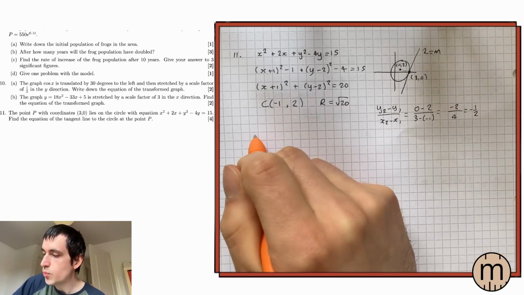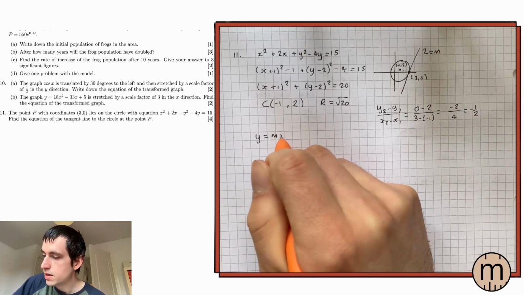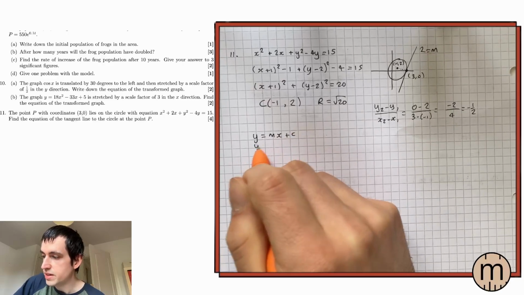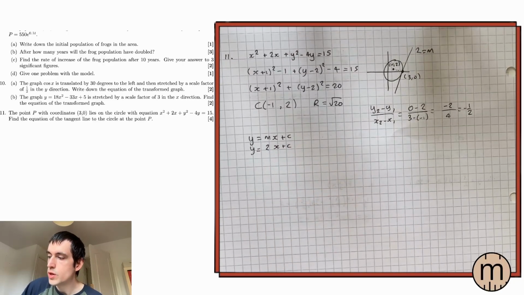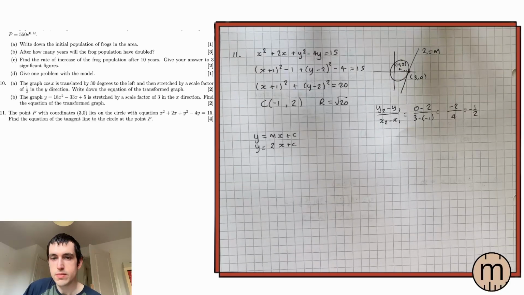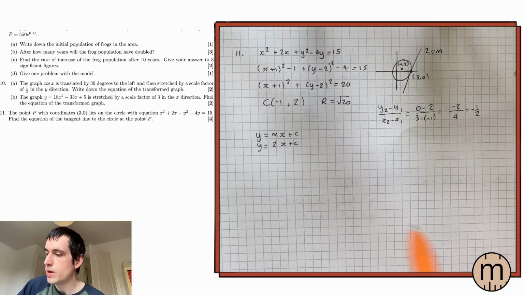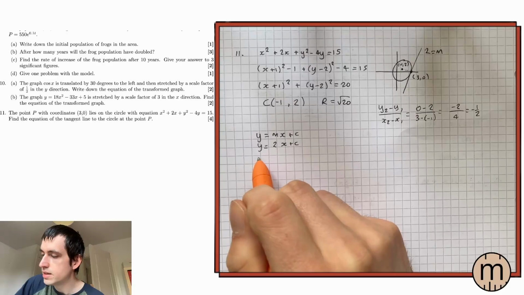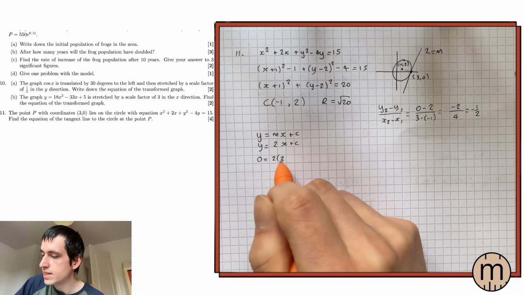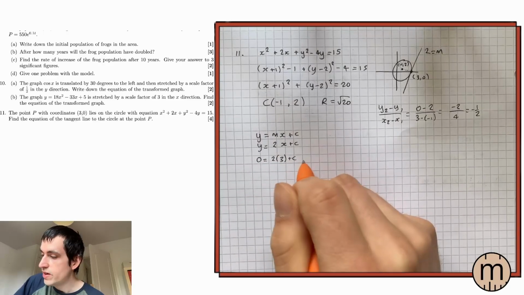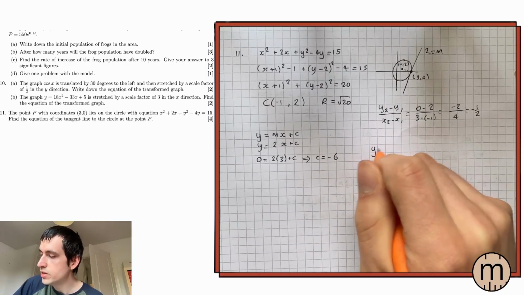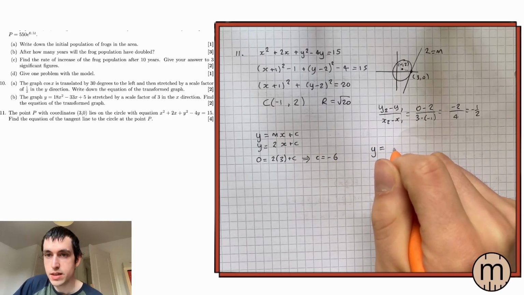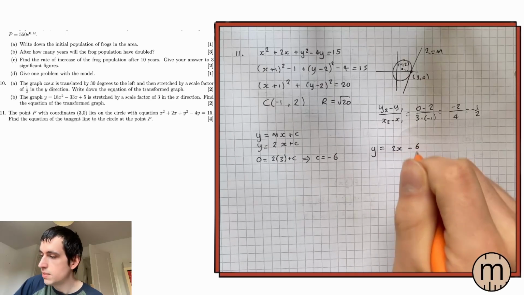This time, I'll use y equals mx plus c. We know what m is. We've just found it. It's 2. Do we know what c is? Not yet. We need to find it. We know what x is, though, and we know what y is. So if we put y as 0, and we put x as 3, we can very easily say that c is minus 6, and therefore the equation of the tangent line is y equals 2x minus 6.